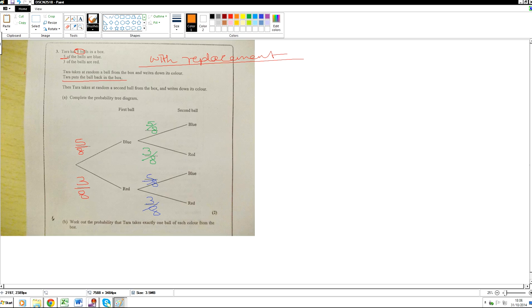So 1 ball of each color means she gets blue first, followed by a red, because that's 1 blue, 1 red, so 1 of each color. Now, or she could actually get a red first and then a blue. So we're looking at the probability of blue and the probability of red.